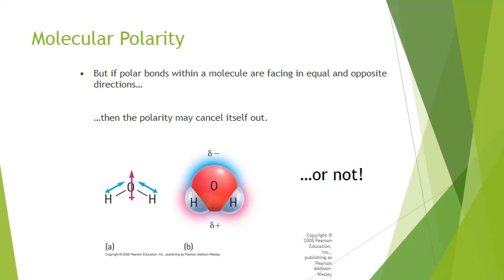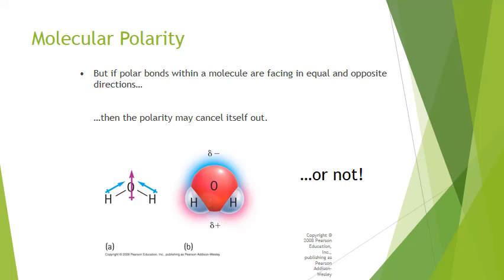But that's not the case of water. Think about water. What's going on? Again, you have two hydrogens sharing pairs of electrons with oxygen, but notice the geometry is different. Instead of being lined up in a nice straight line, there's actually a bond angle here. And so sure enough, the oxygen pulls on each of these pairs of electrons more than the hydrogens do.